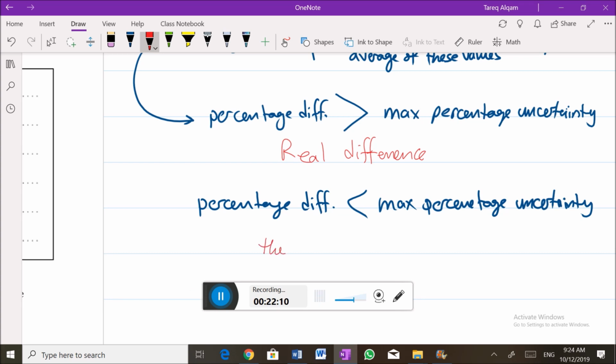The values are constant. And what does this mean, guys? Let's say if I can do the experiment without any uncertainty or any error, these values will be exactly the same. But this difference between these two values is a result of uncertainty. So if this percentage difference is less than the maximum percentage uncertainty, the values will be considered as constant value.